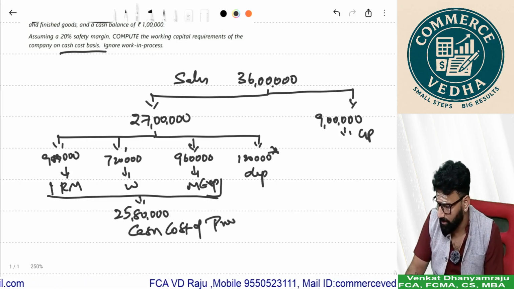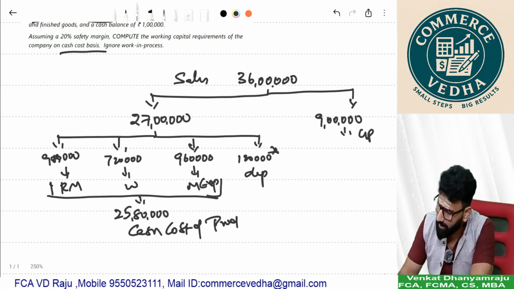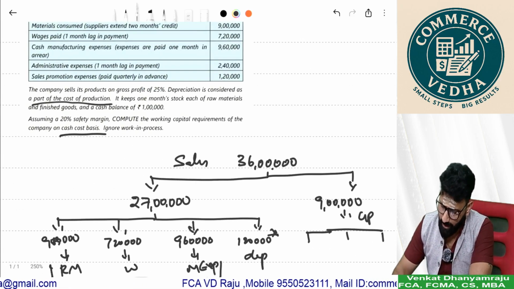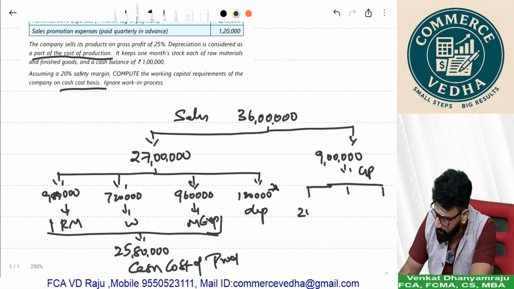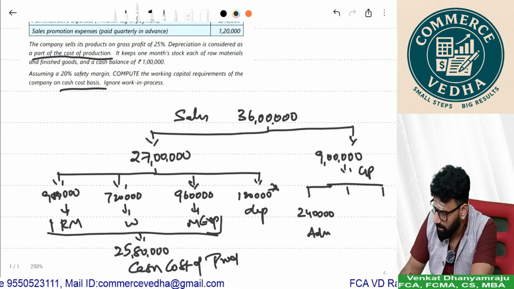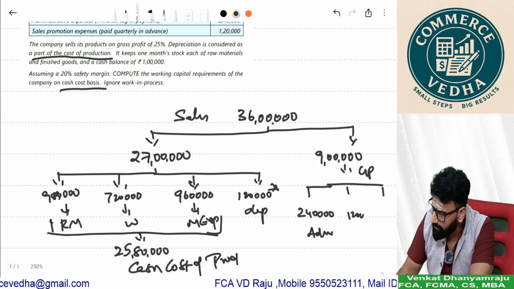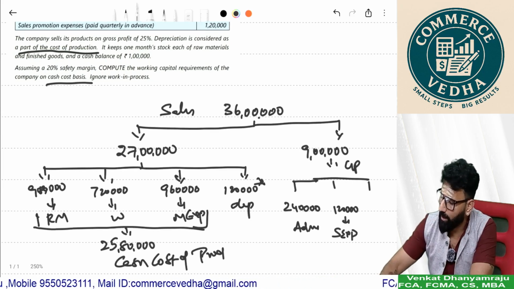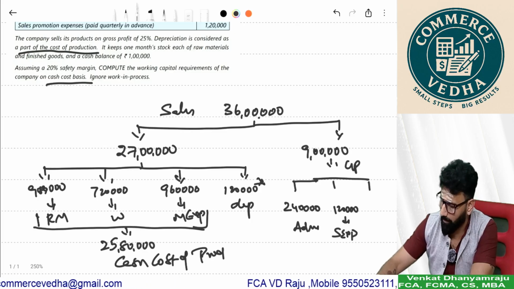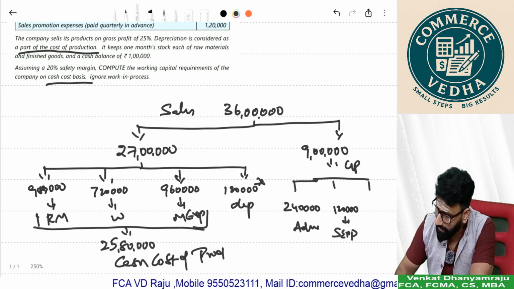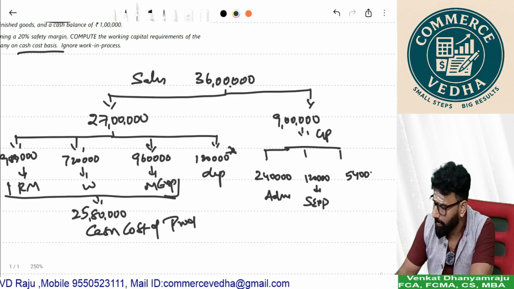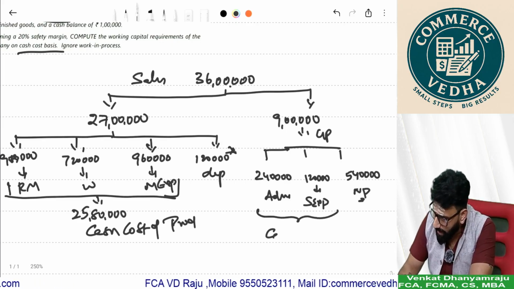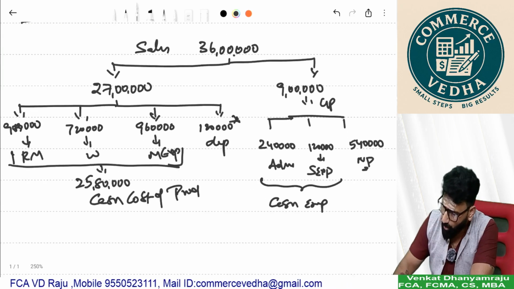Now, apart from that, out of gross profit, I'll have other expenses. Number one is my administration expense, 2,40,000, and selling expense 1,20,000, and the balance: 2 lakh 40 plus 1 lakh 20 is 360, minus 9 lakhs. My net profit is 540. These two are my cash expenses. So now I can break it into two parts.